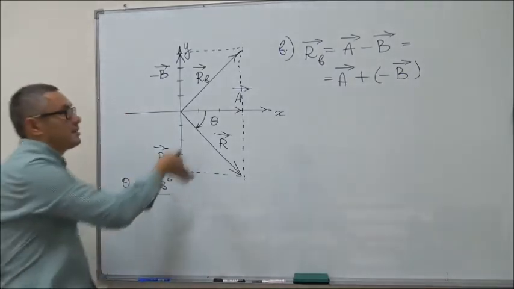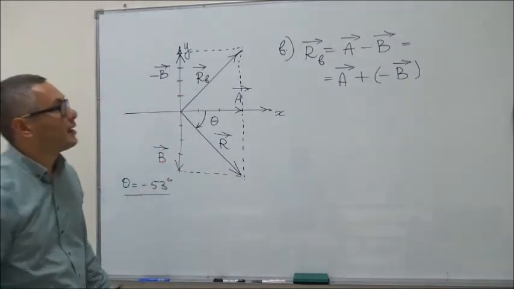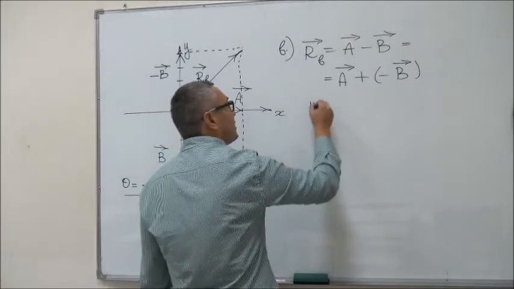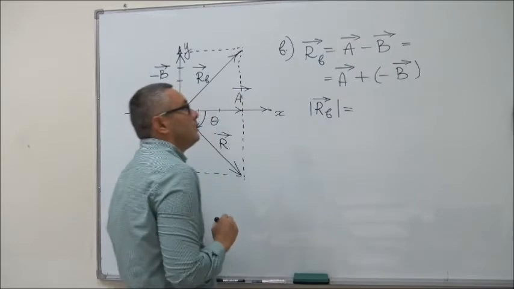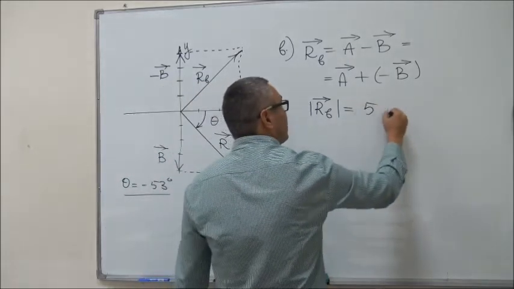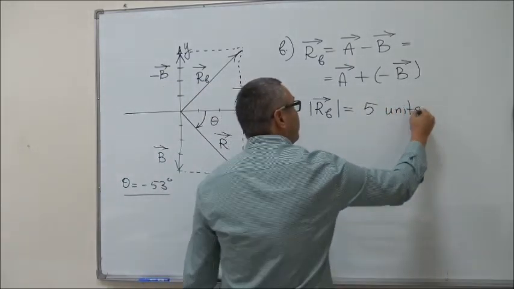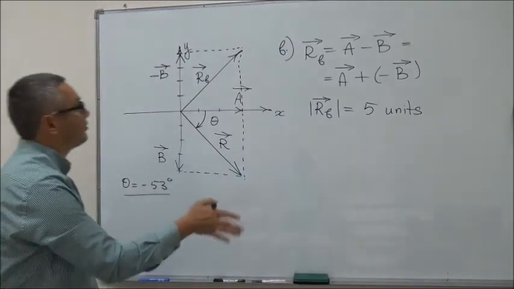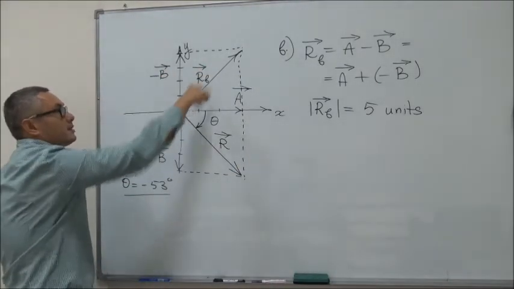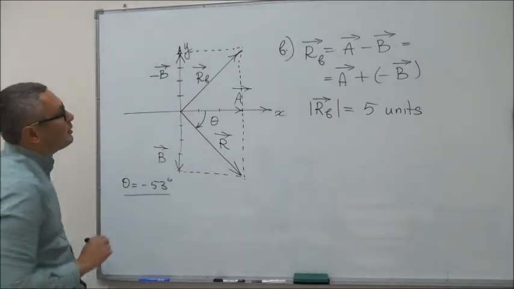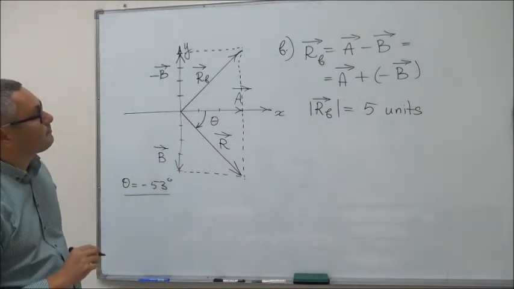Well, just from the symmetry of the problem, you can see that the length of the R_b vector has to be the same. So it's going to be 5 units as well. It's just a symmetric diagonal of this rectangle with respect to this one, with respect to the x-axis.